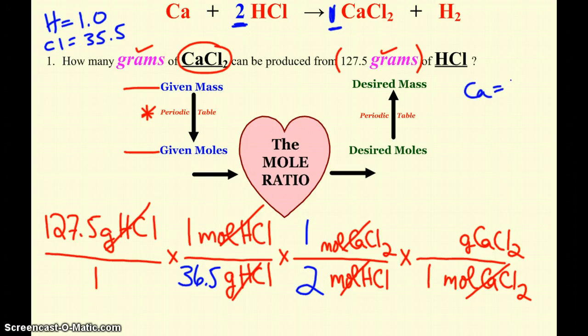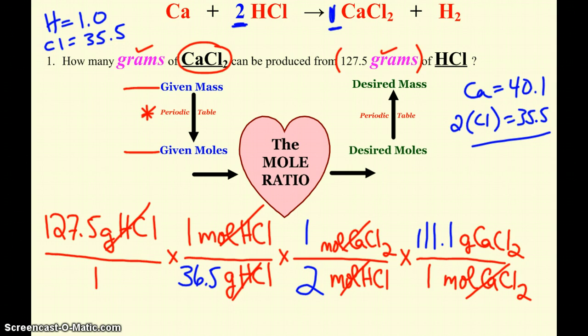Calcium is 40.1, and then 2 of the chlorines, again at 35.5, and that's going to add up to 111.1. So that is the setup of a mass-to-mass problem. And it's the same pattern every time. You're given a mass, use the periodic table to change it to moles, use the mole ratio to switch substances, and you go back to the periodic table for the new mass.